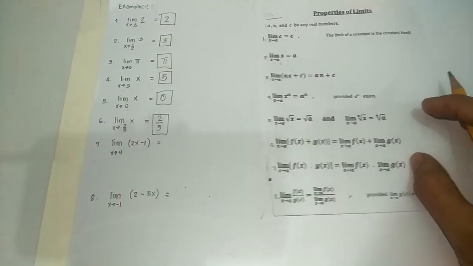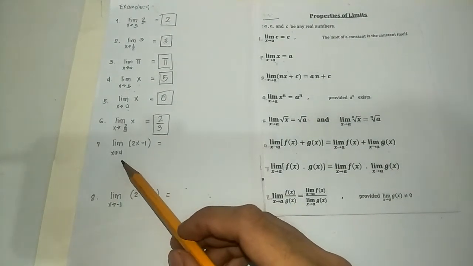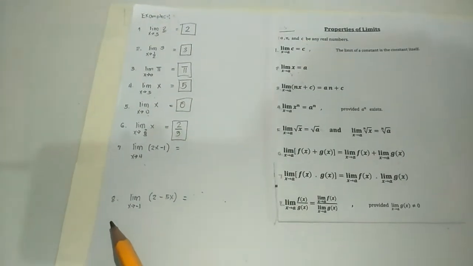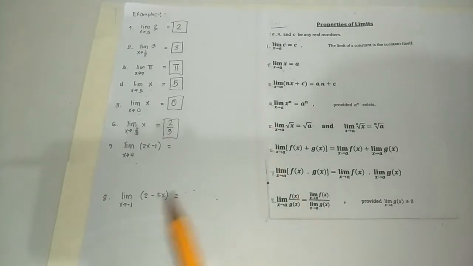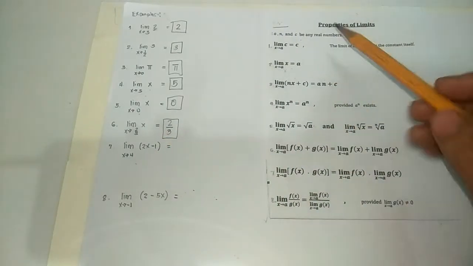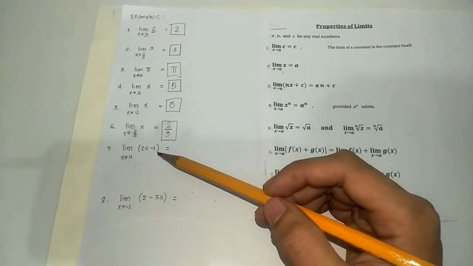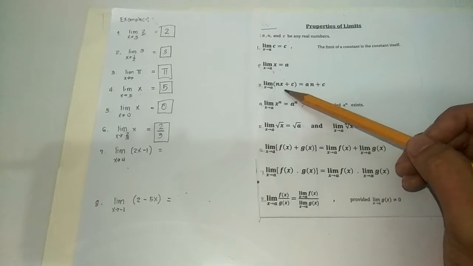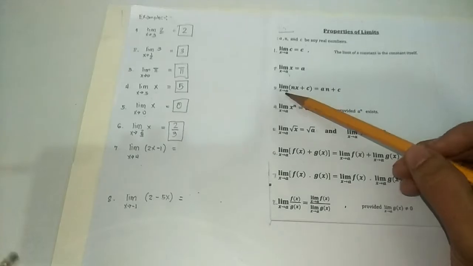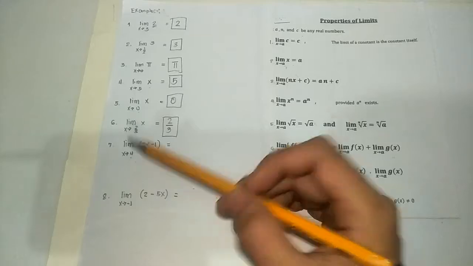Number 7, we have the limit of 2x minus 1 where x approaches 4. So this is based on property number 3. So the limit of 2x minus 1 where x approaches 4 will be based on property number 3. So we are going to substitute here the x with the approaches of x, which is 4.